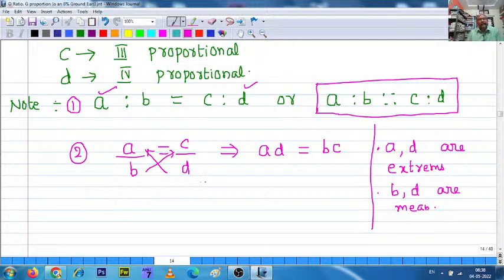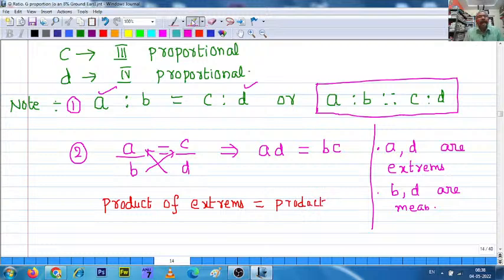We can state it like this: if A is to B is equal to C is to D, then the product of extremes is equal to the product of means.